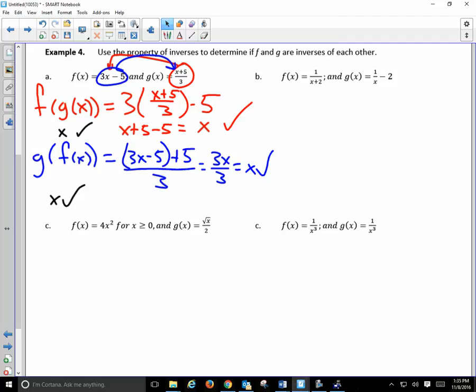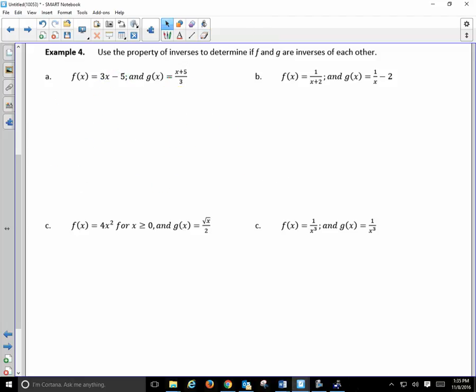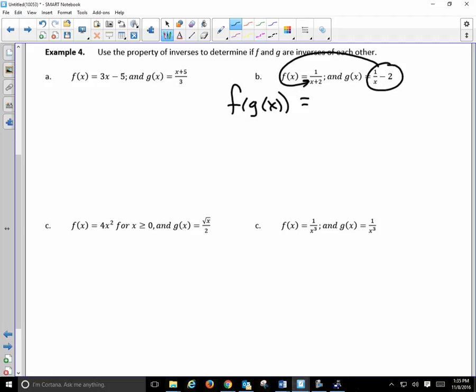Here we go. Let's do it again. Let's see if these are inverses. F of g of x. I take this and I place it right there. It's kind of hard for people to figure out how to write this sometimes.